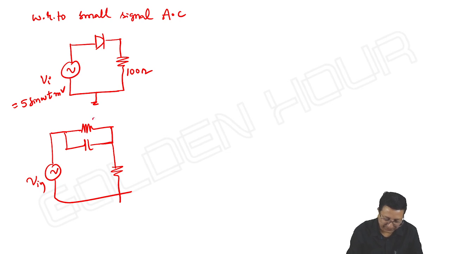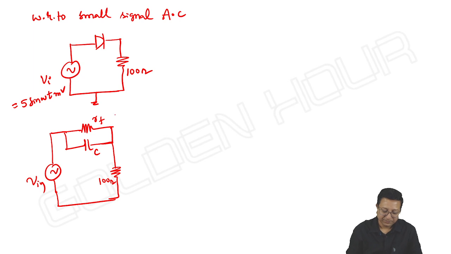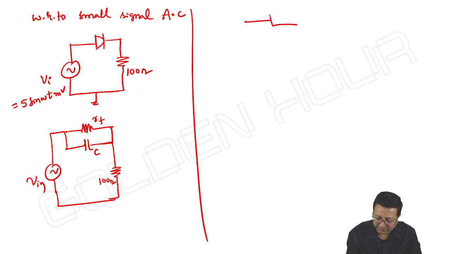Okay. RF and C. Instead of RF parallel with CF, I am writing it by means of Z.